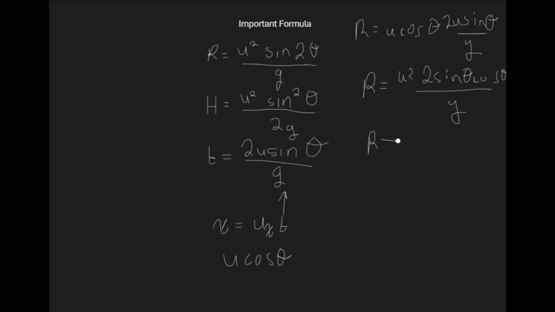R equals u squared sine 2 theta over g. We get this because 2 sine theta cos theta equals sine 2 theta.